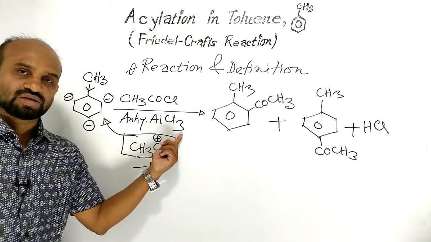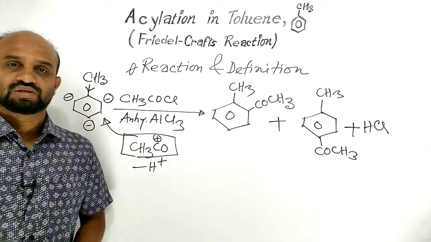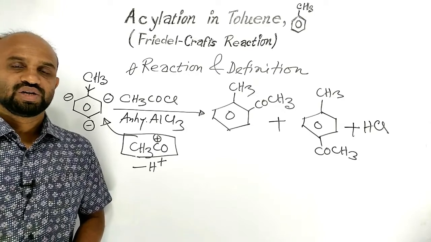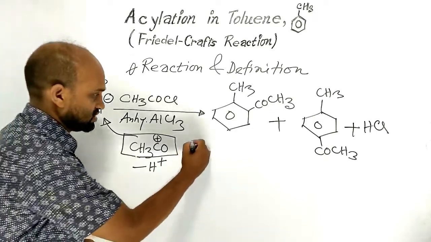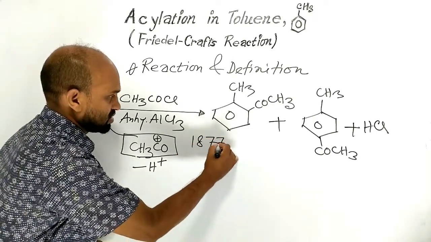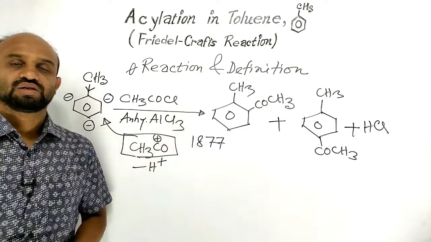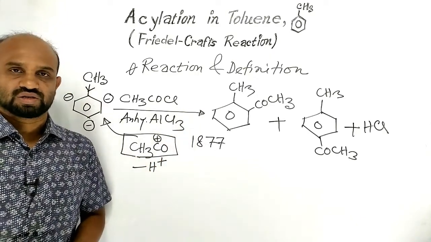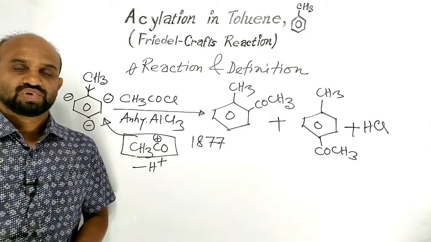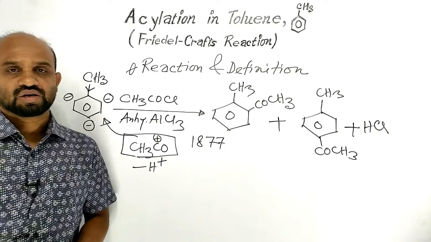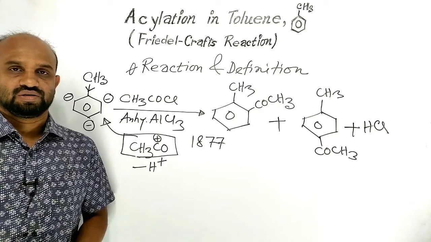This acylation reaction was developed by French organic chemist Charles Friedel and American chemist James Mason Crafts in the year 1877. Because of this, the reaction is named after the scientists Friedel and Crafts: Friedel-Crafts reaction or Friedel-Crafts acylation.